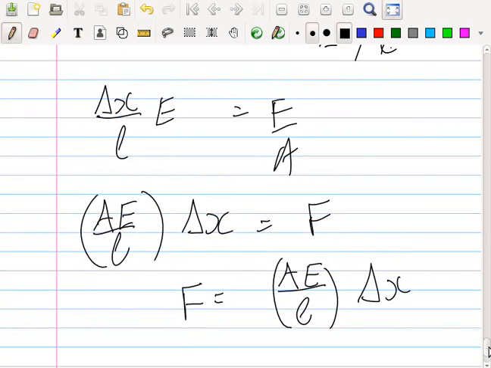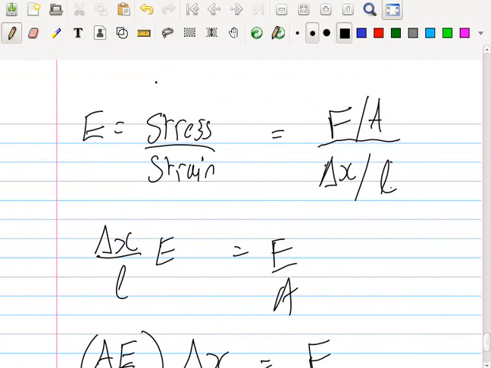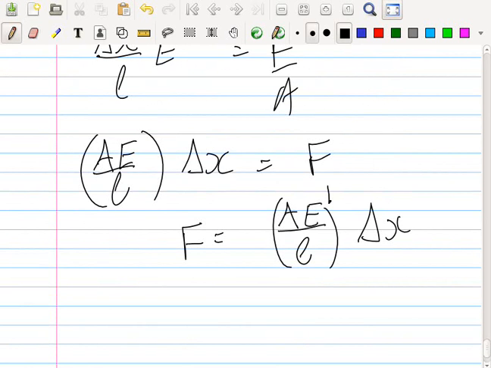Actually, by the way, what I just wrote here, you don't need it for this question. But I'm not going to say forget about it. He could have as easily asked for Hooke's constant K. So you have to do this little bit of rearranging to see that the K is actually this formula here.